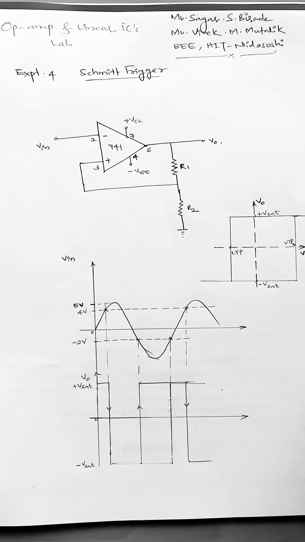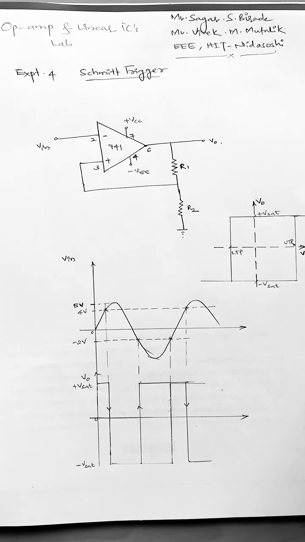But here you can see in the circuit diagram, the input is applied at inverting input terminal, that is pin number 2, and one resistance R1 is used between pin number 6 to pin number 3, and one more resistor R2 is connected from the point of 6 and 3 to ground.